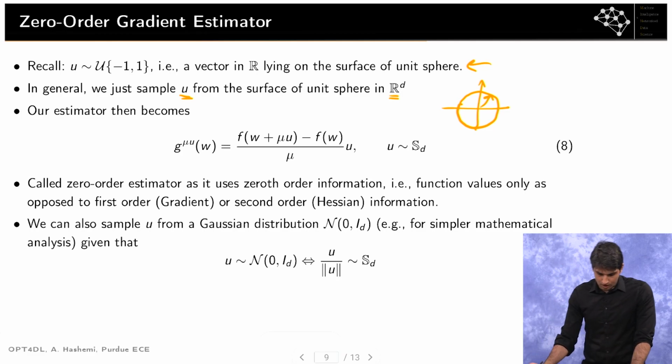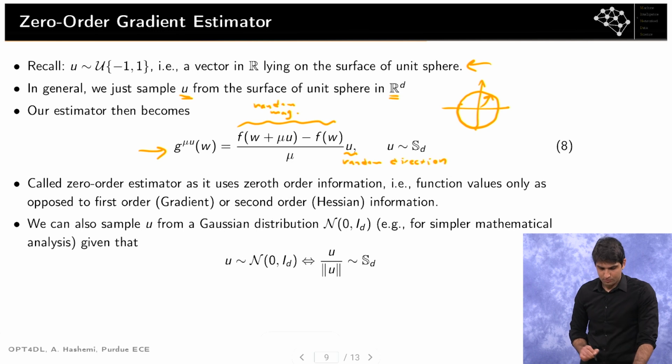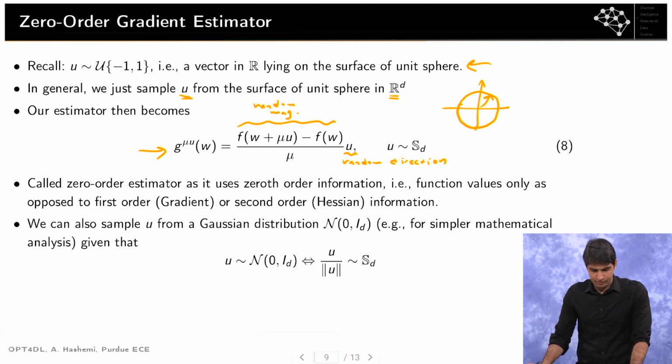Okay. Now our estimator is going to be exactly the same as what we talked about in the previous slide. It's going to have this form. In particular, it has, let's say, a random magnitude, if you will, and this is the random direction. So therefore, it's a random estimator.